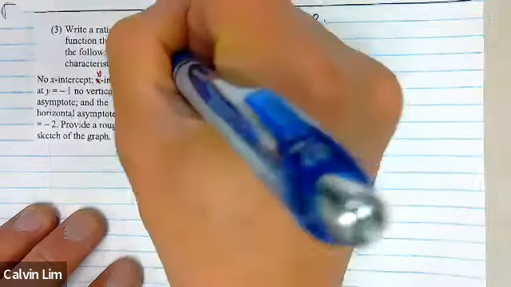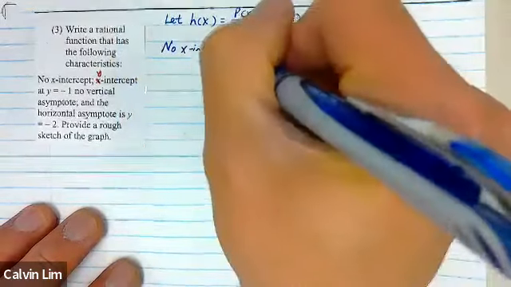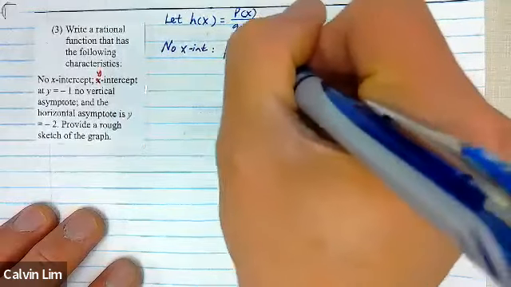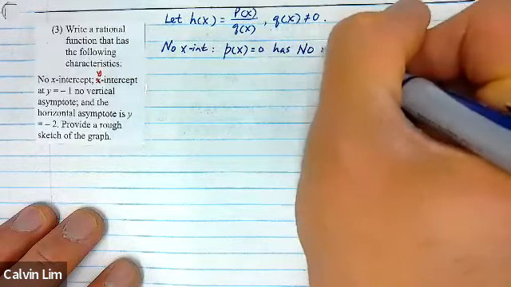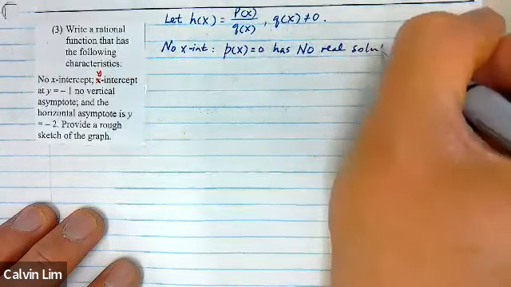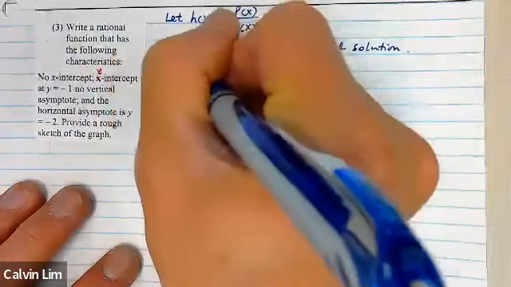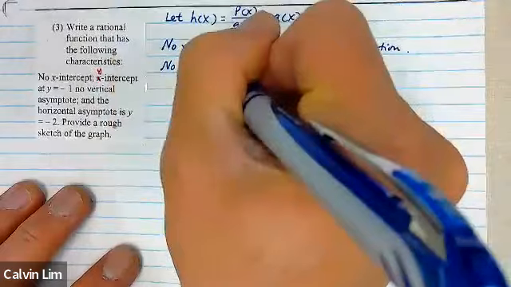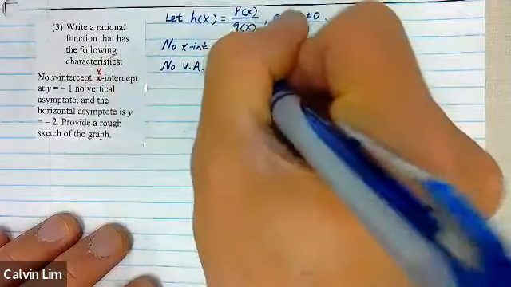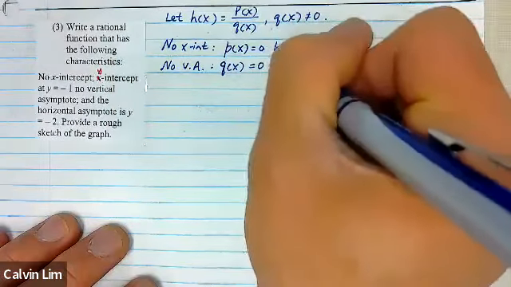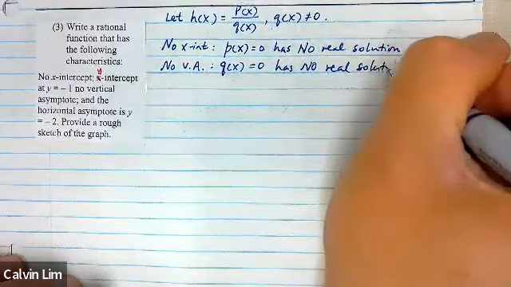No x-intercept indicates that p of x equals 0 has no real solution. Similarly, the fact that the graph has no vertical asymptote implies that q of x equals 0 also has no real solution.